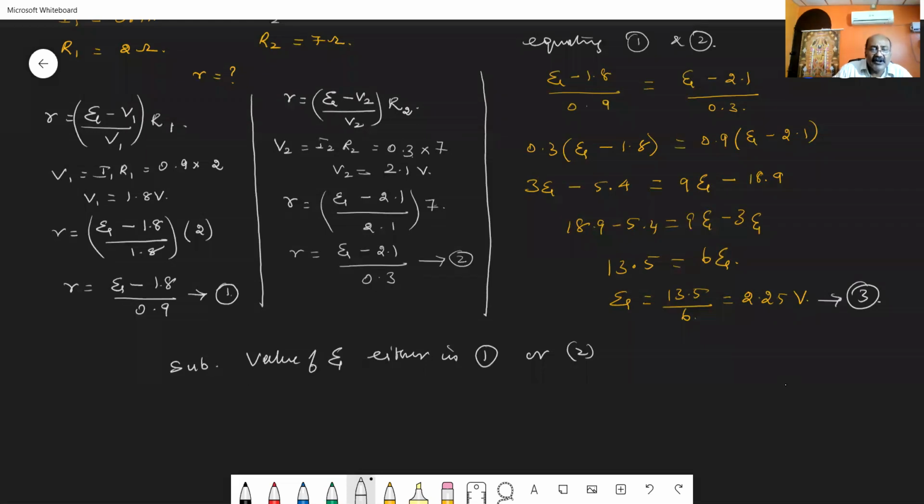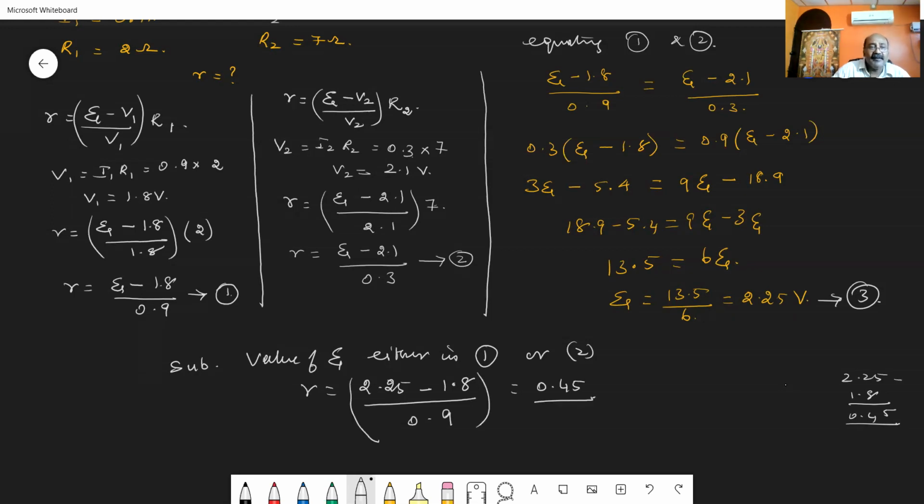Substituting in 1, small r equal to (2.25 minus 1.8) divided by 0.9. So 2.25 minus 1.8 is 0.45. 0.45 multiplied with R, you have to multiply it with the 2. So 0.45 into 2 divided by 0.9.